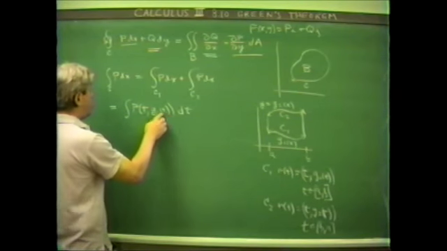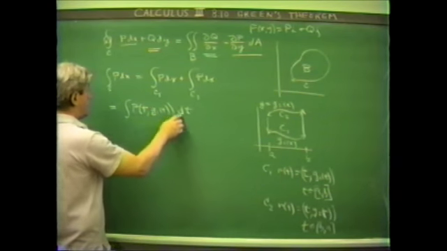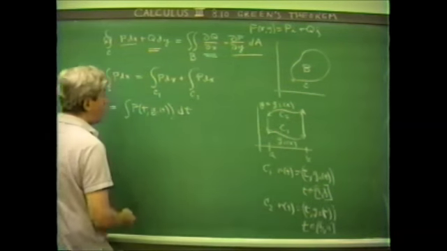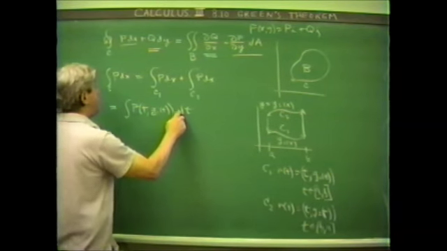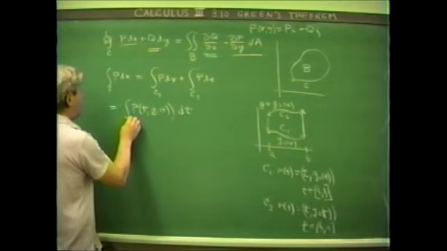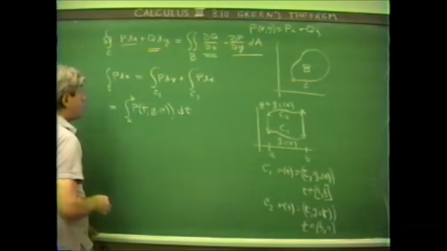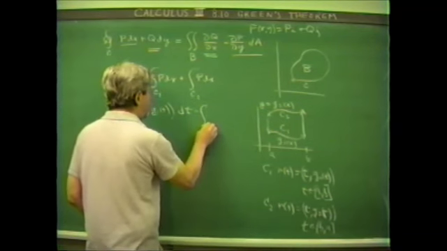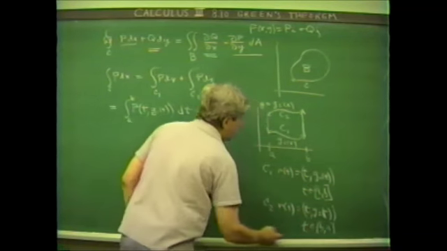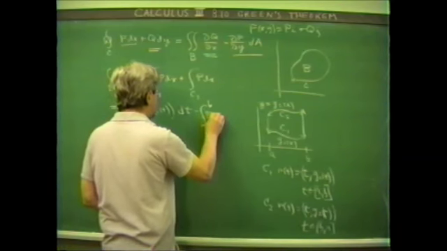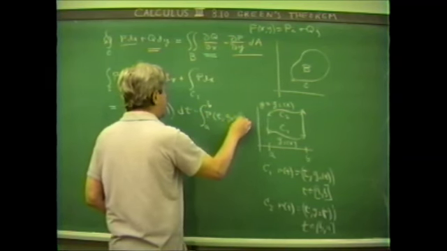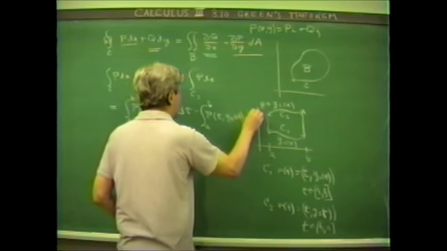Let's say p of x, g1 of x, dx/dt here, since dx/dt is 1, we can write this as dx/dt times 1 dt. We want to integrate from a to b. Minus the integral from a to b, because we're going to go from b to a, of p of t, g2 of t dt.